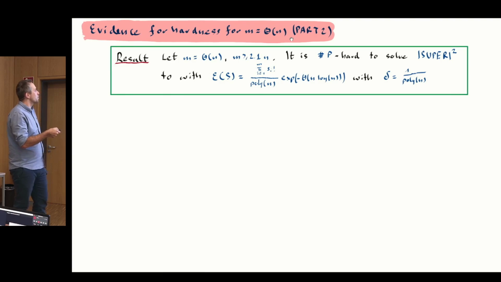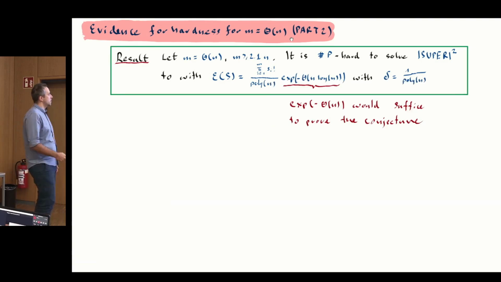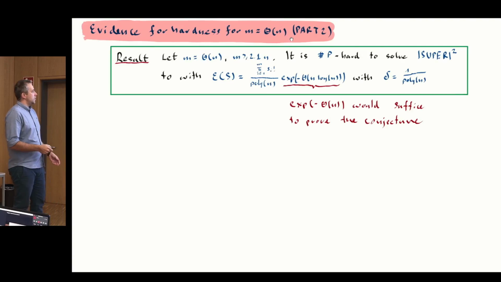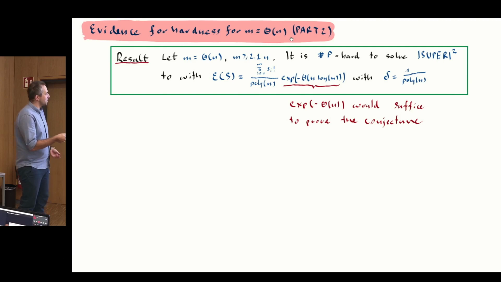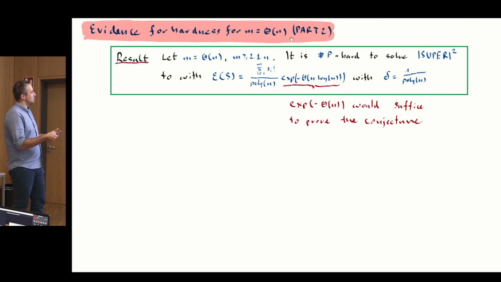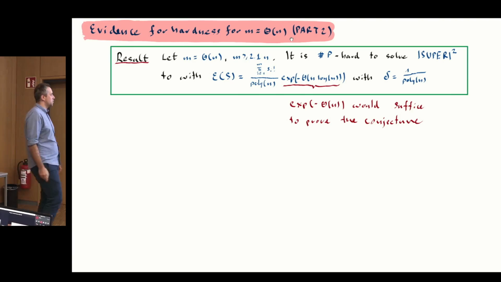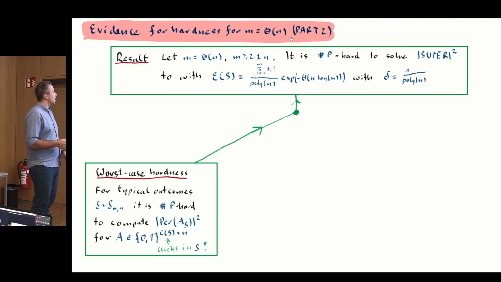So it's evidence for the conjecture, not the proof of it. Shaving off this log factor and constant factors would amount to proving the conjecture, and thus sort of unconditionally proving hardness of sampling. But yeah, we are not there.